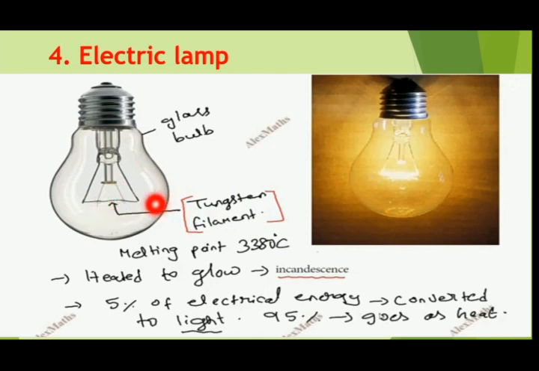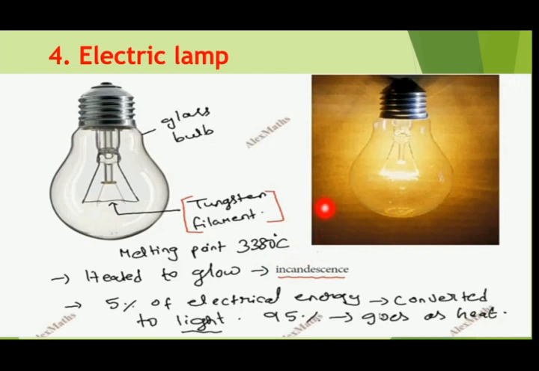The filament is usually enclosed in a glass bulb containing some inert gas at low pressure. In an incandescent electric lamp, only 5% of electric energy is converted into light energy, and the remaining 95% of electric energy is wasted as heat energy.